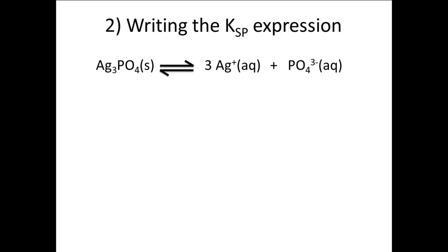So to write the KSP expression, we start with KSP equals. Then we put the concentration of Ag+, remember that square brackets indicate concentration, raised to the power 3, because the coefficient of the silver ion is 3, and multiplied by the concentration of PO4 3- raised to the power 1, because that is the implied coefficient of the phosphate.